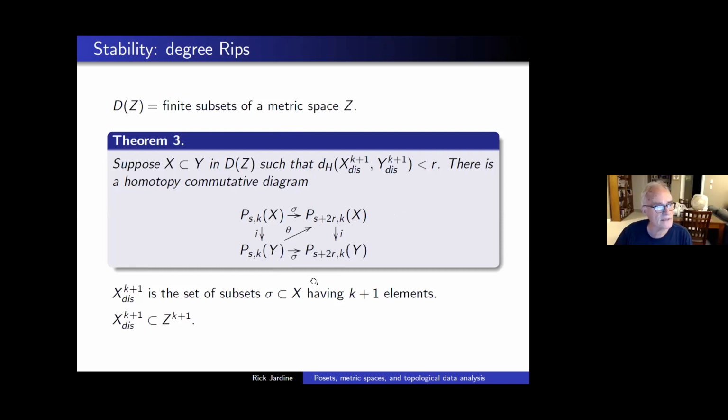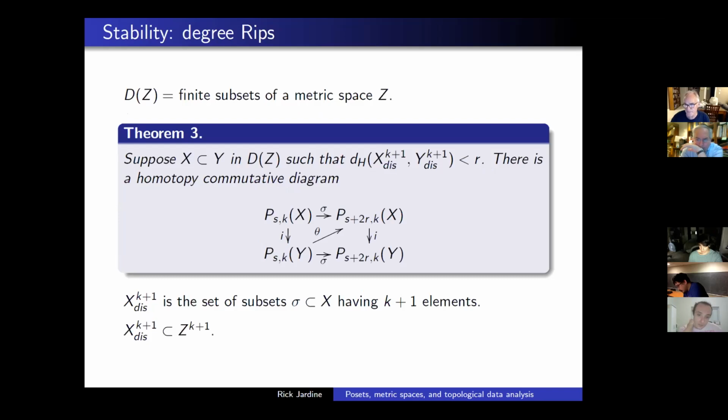What are these sets? X^{k+1}_{DIS} means sets of k+1 distinct points in X, okay? And certainly the sets of k+1 distinct points in X sit inside the sets of k+1 distinct points in Y. And both of them have metric space structures that they inherit from the (k+1)-fold product of Z with itself, okay?